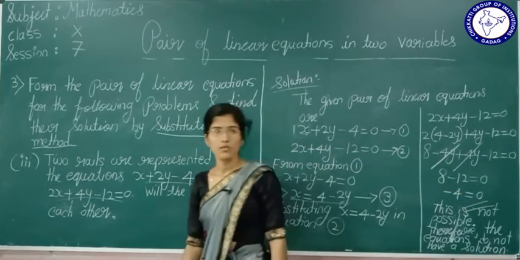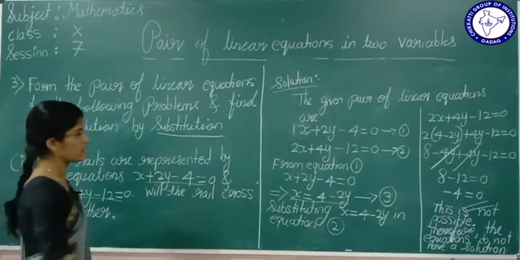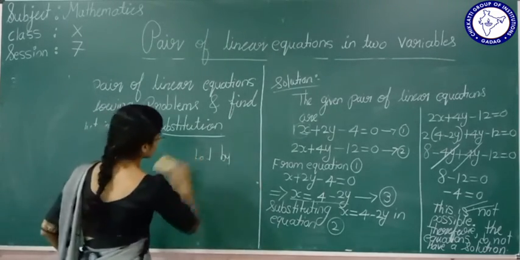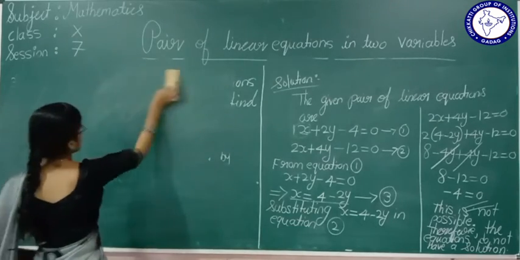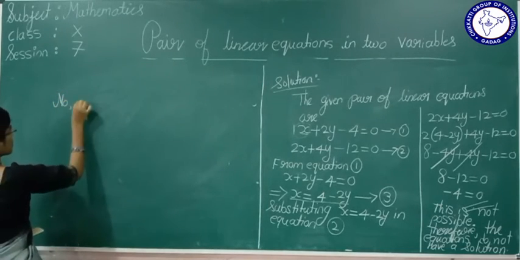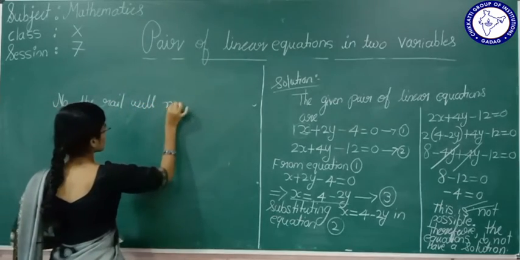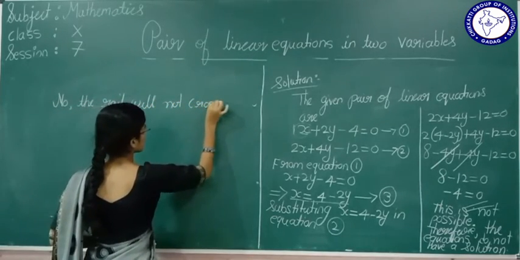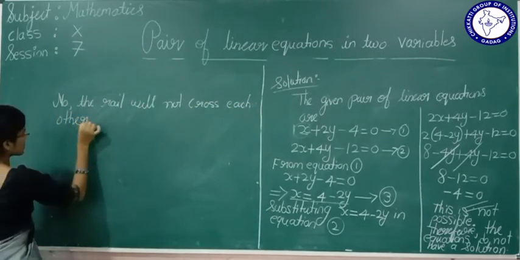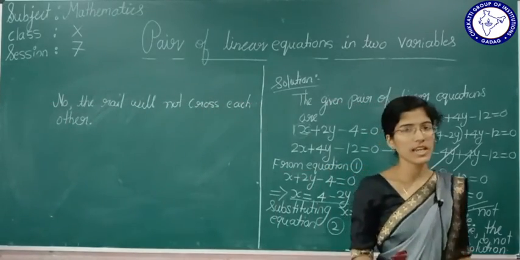What can we tell? Will the rails cross each other? No, the rails will not cross each other.